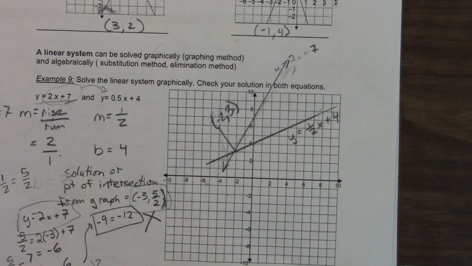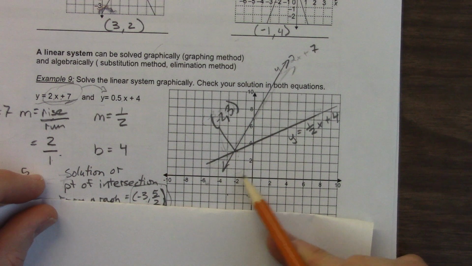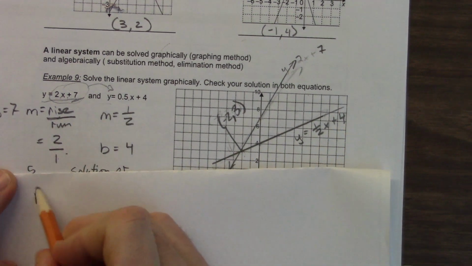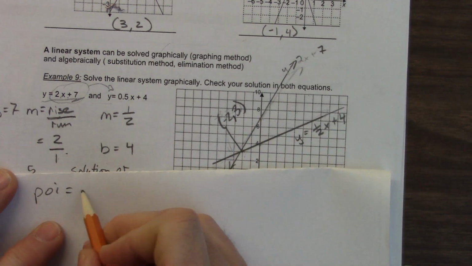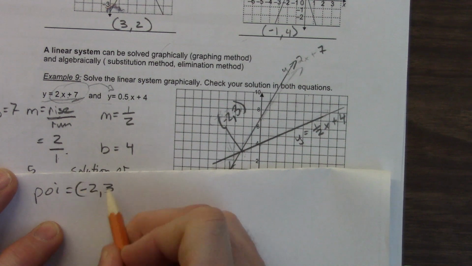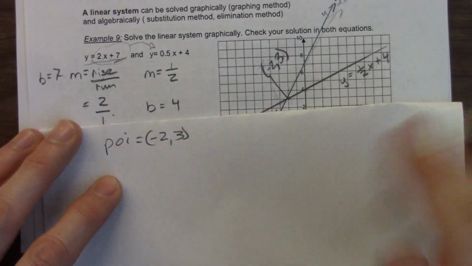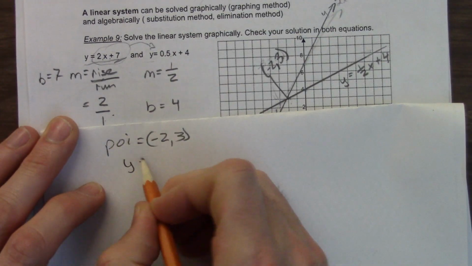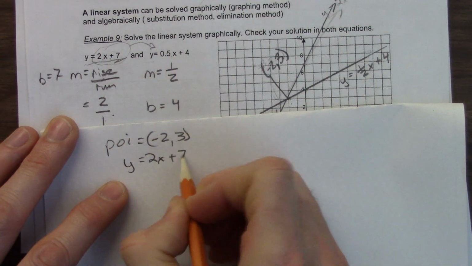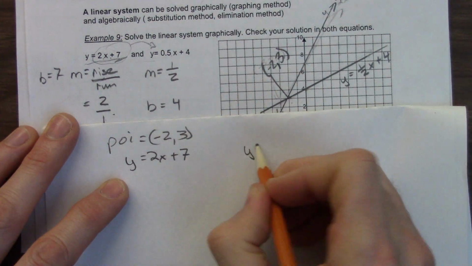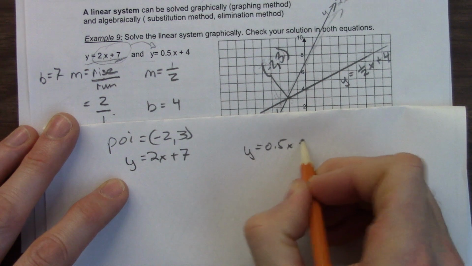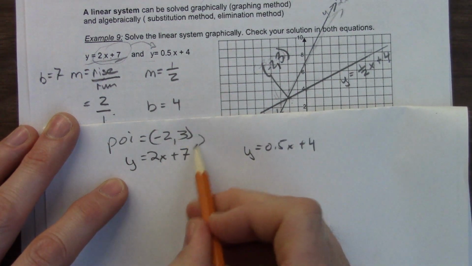So let's go ahead and do that. We determined from this graph, we can see it here, it's negative 2, 3. So our POI is equal to negative 2, 3. Okay, we're going to sub that into both our equations. And y equals 0.5x plus 4. So we're going to sub that into here.